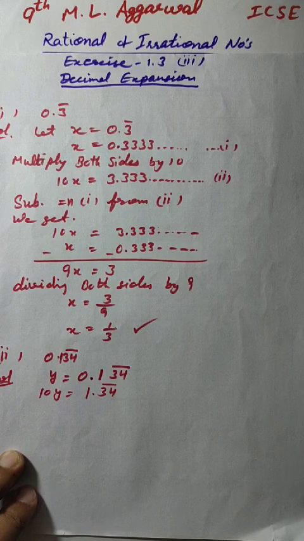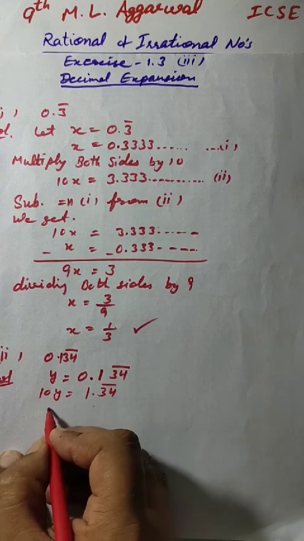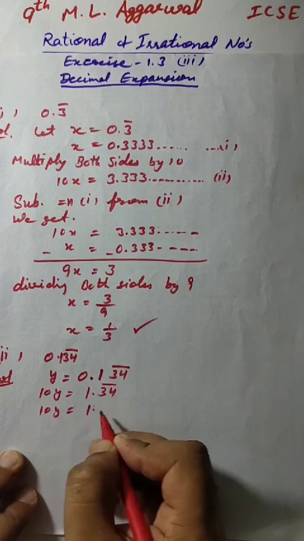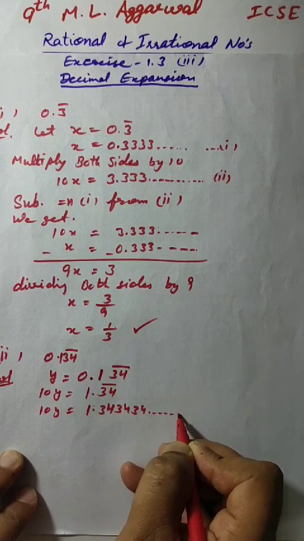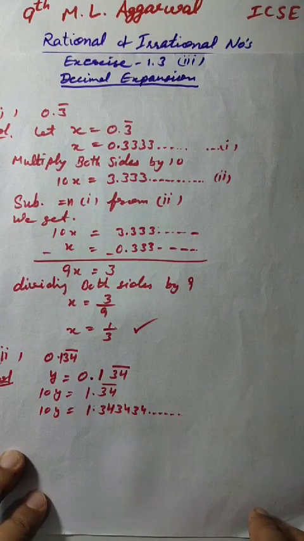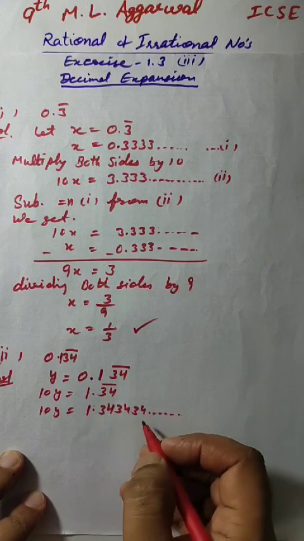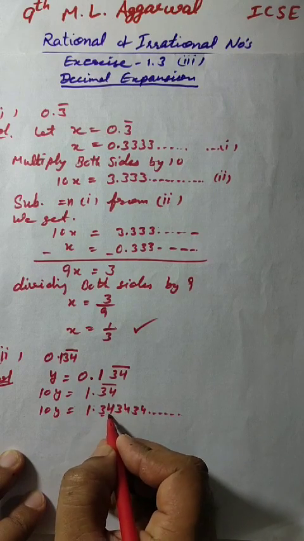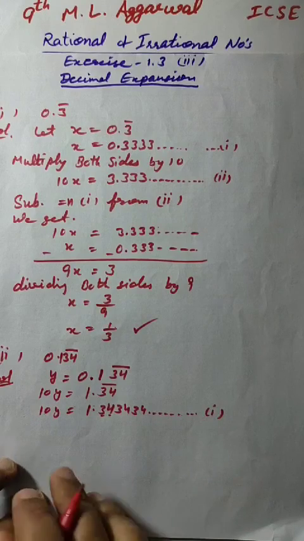To shift the decimal to the right side, now we get 10y equals 1.343434 and so on. As we see here, 3 and 4, a couple of digits, is repeating again and again, so we will have to multiply this whole number. Let us denote it by equation number 1.